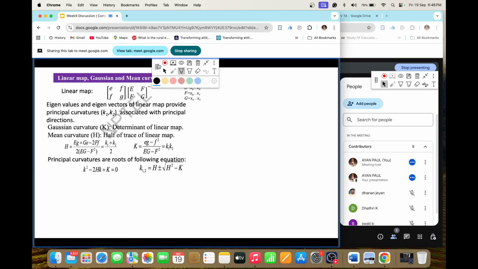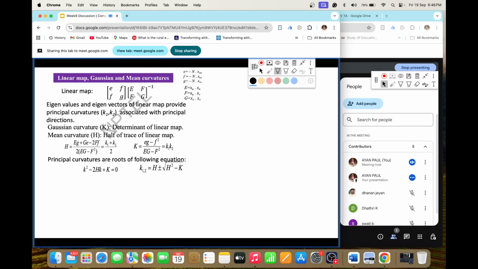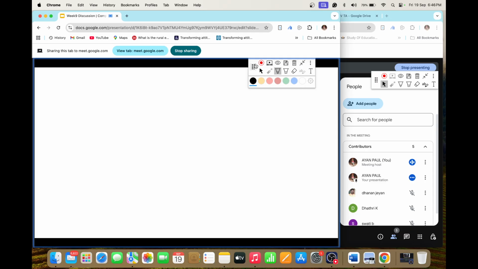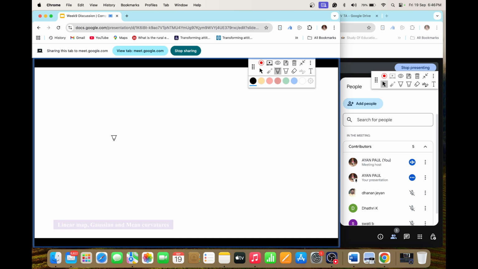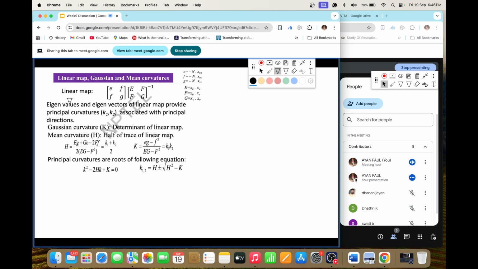And then we have the linear map, Gaussian and mean curvature. Instead of writing the first fundamental form and second fundamental form separately, we can also write it in the form of a linear map. This linear map is written in this form, that is small e, f, f and g, times capital E, F, F and G, but the inverse of it.